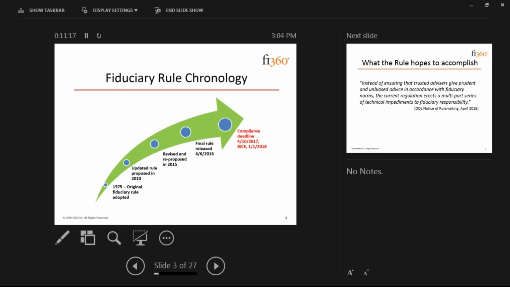Two significant deadlines in the final rule, from the standpoint of chronology. The first is April 10th of 2017, next year. That's the compliance deadline, where the new federal definition of fiduciary will kick in and the three-part definition will apply, where up until then, we will still be under the current five-part definition.